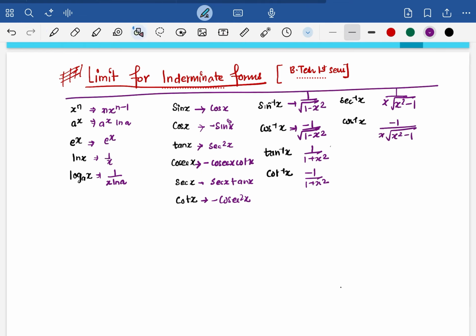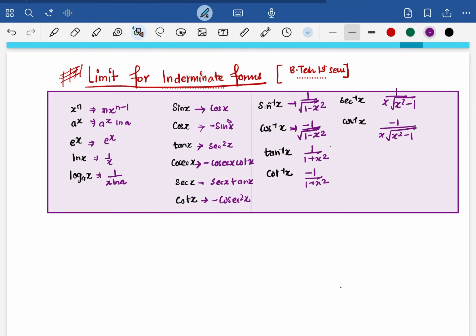So only this many formulas are needed while solving with the L'Hospital rule.